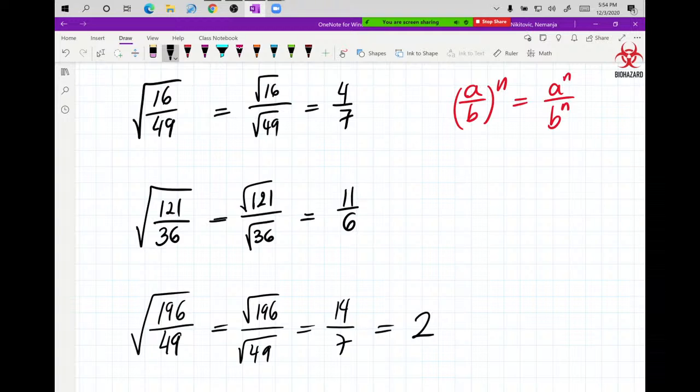If you go to your calculator and type 196 divided by 49, you will find that that's 4, and then the square root of 4 is 2. That will be another way to solve this problem, going the other way to deal with the same thing. Okay, cool.